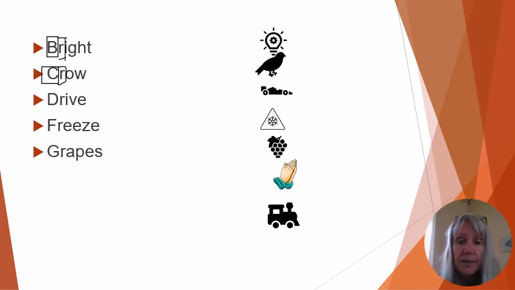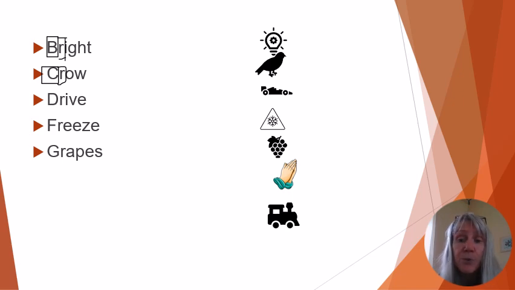So I hear the G sound represented by the G at the beginning of my word part or word, and the R is represented by the R. I put a box around the G and a box around the R to show that there are two phonemes, two graphemes representing those phonemes.